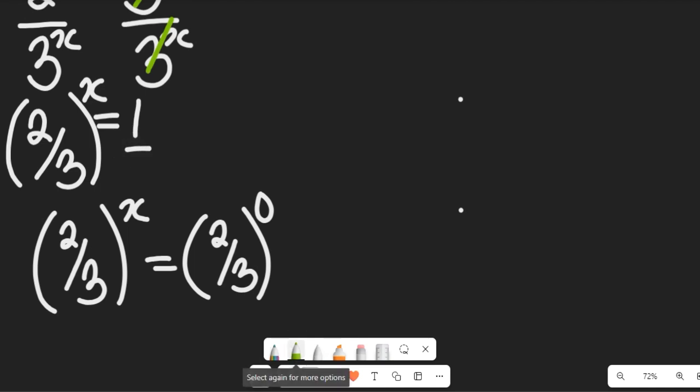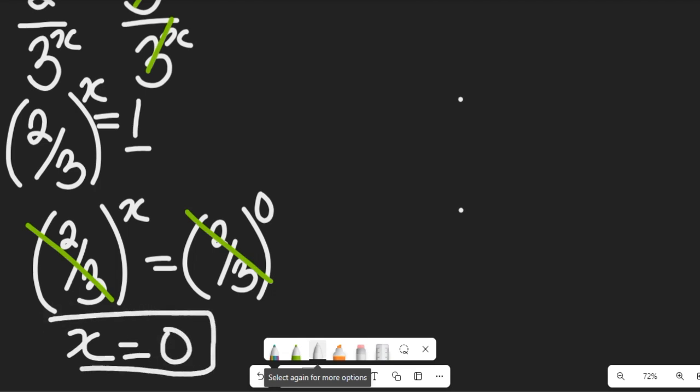While this clears this, we can equate the powers. Then our x can be equal to 0. Because we have same base, the powers will have to equate. So the first solution, our x1, is equal to 0. Now let's consider the second solution.